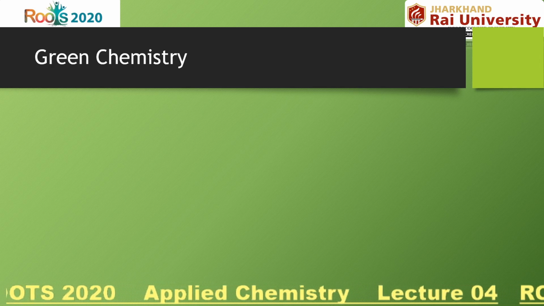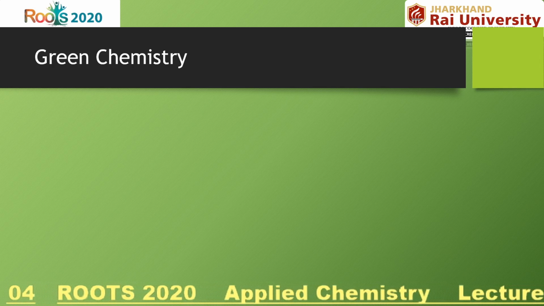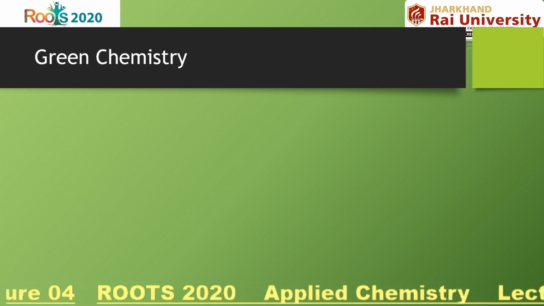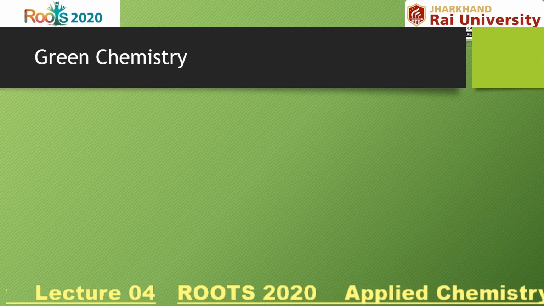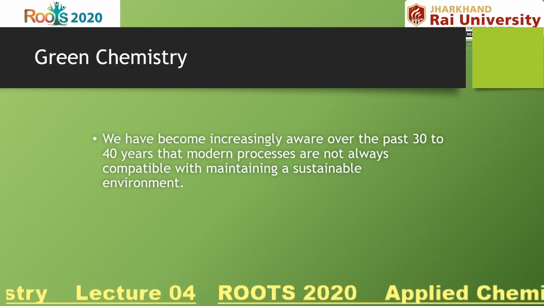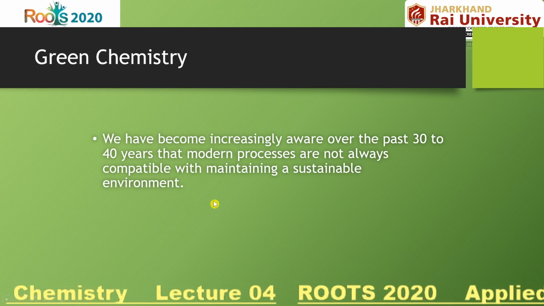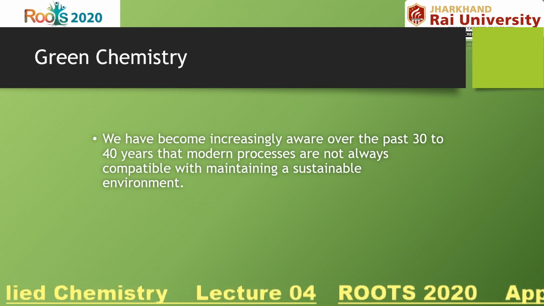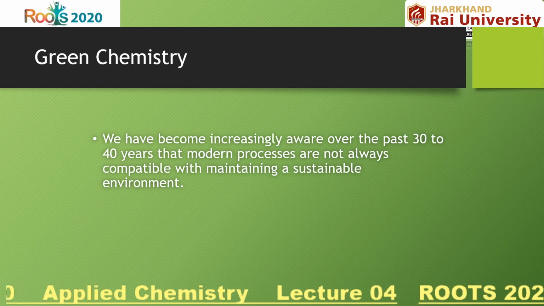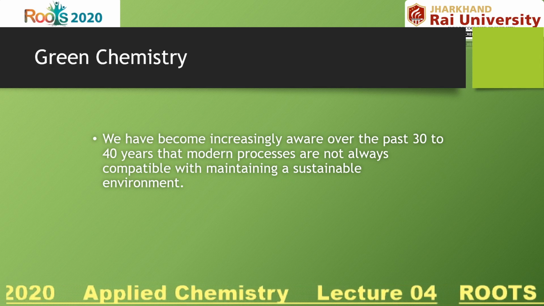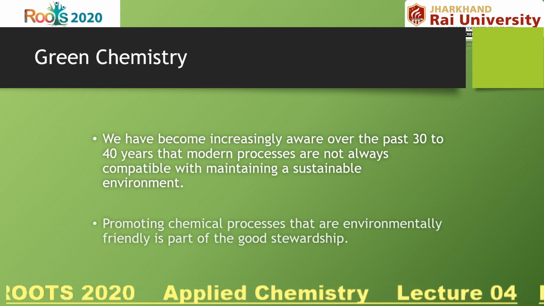Why should we study environmental chemistry? So that we can control pollution and other related problems, global warming, climate change, all these. Green chemistry was introduced because over the last 30 to 40 years we have become increasingly aware that modern processes are not always compatible with maintaining a sustainable environment.